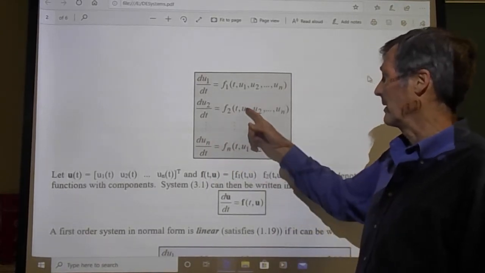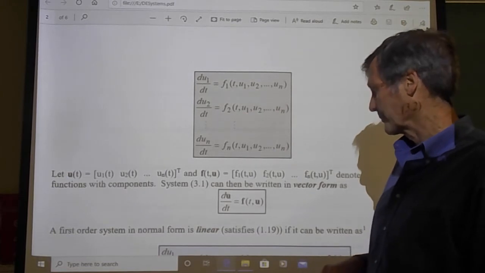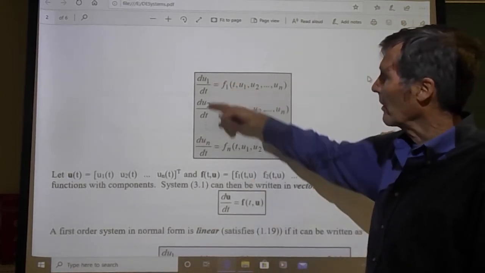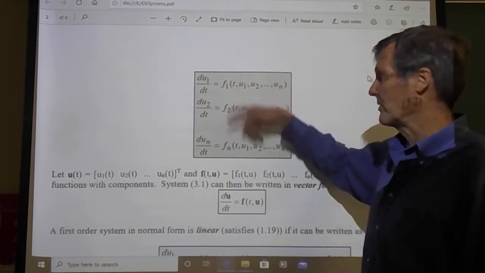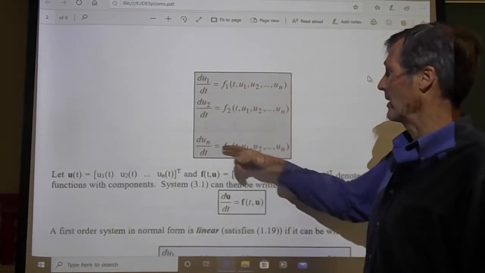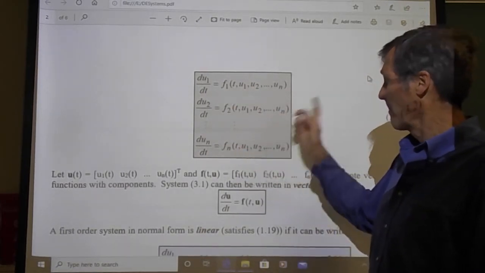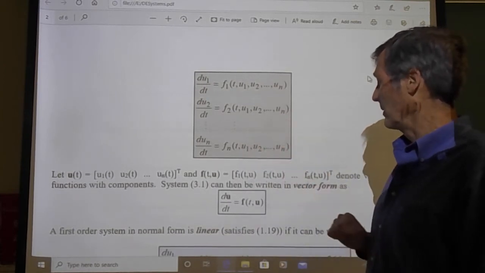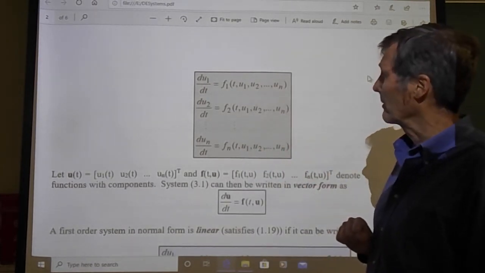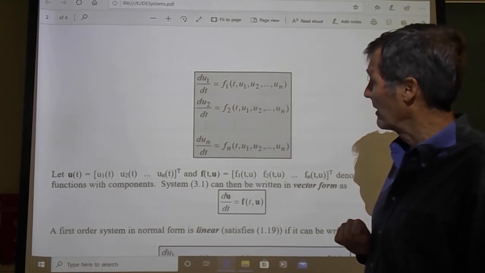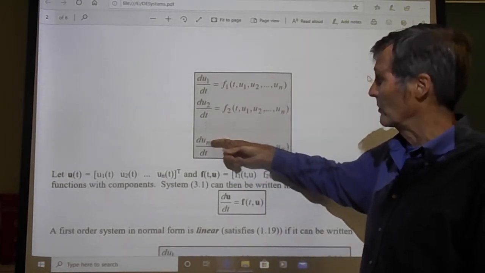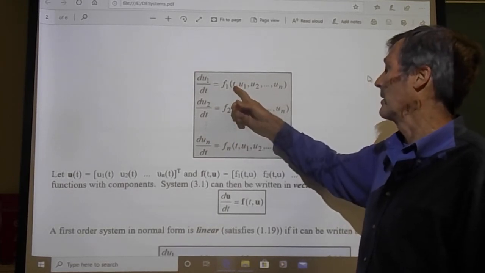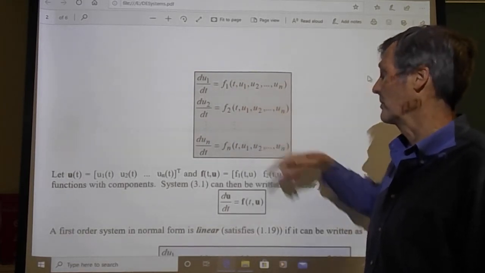The idea being that each of these u's is a function of t. What are the functions u1 through un of t that satisfy this list of n differential equations in the n unknown dependent functions u1 through un? What could it be that satisfies that? The most interesting case is where there's the same number of unknowns u1 through un as there are equations.